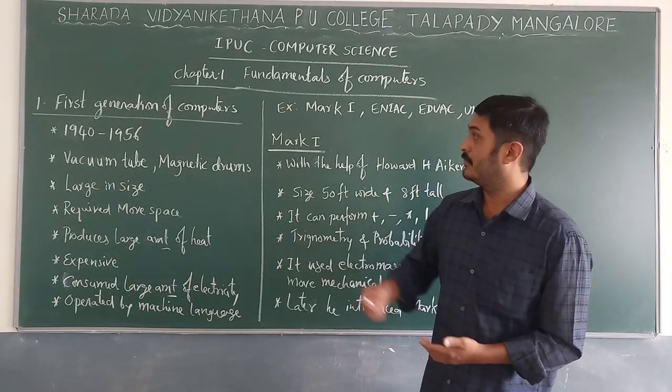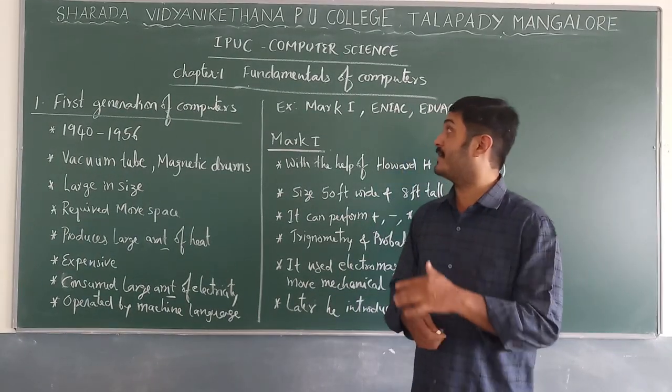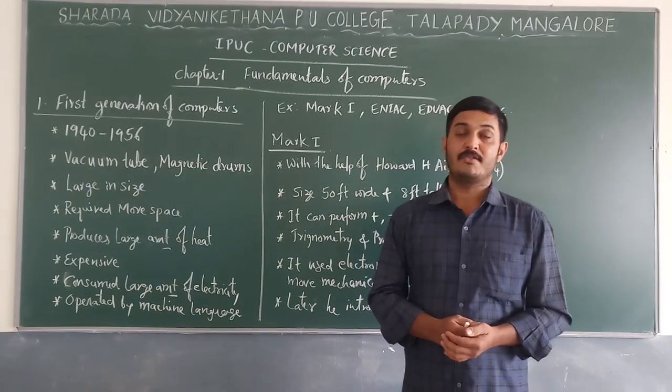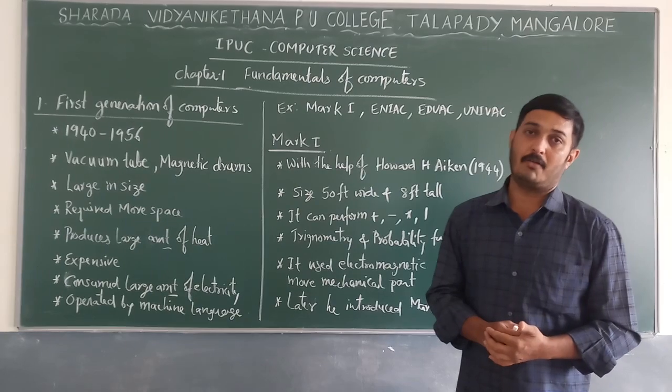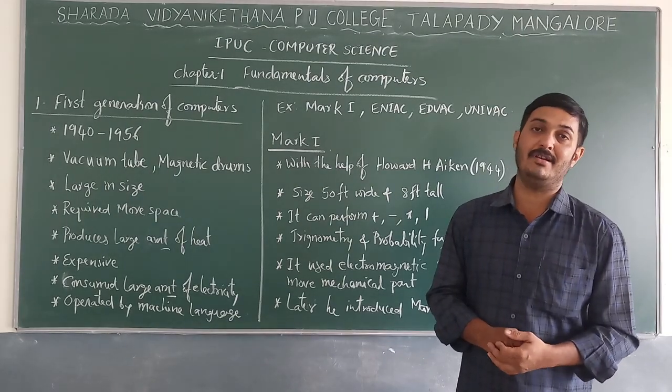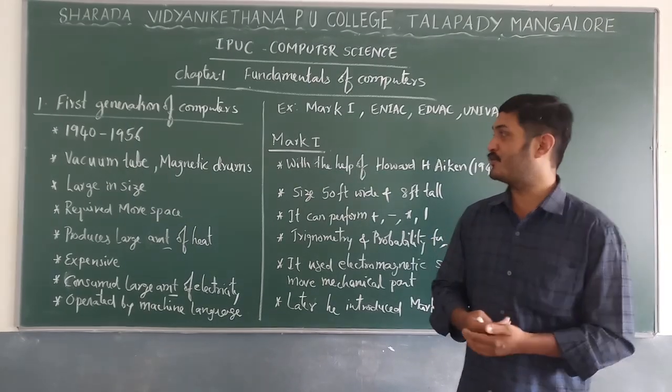Next we can move on to the first generation of computers. That means it's the next version after the Hollerith tabulating machine, an extended version of that one.